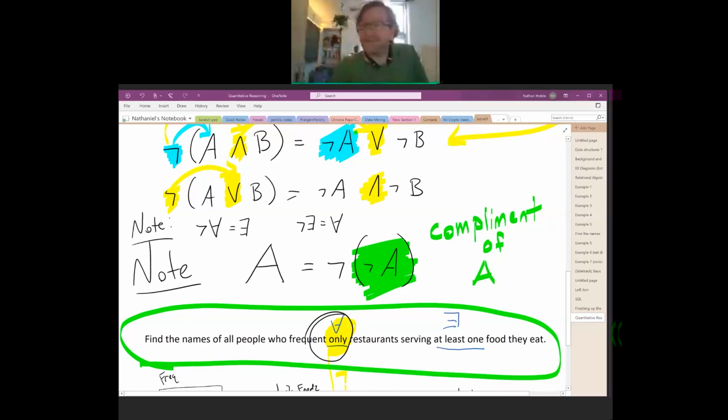Okay. That's another note about the negation of quantifiers. So not for all is the same thing as saying that there exists.